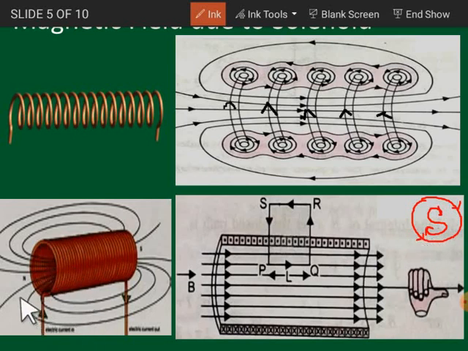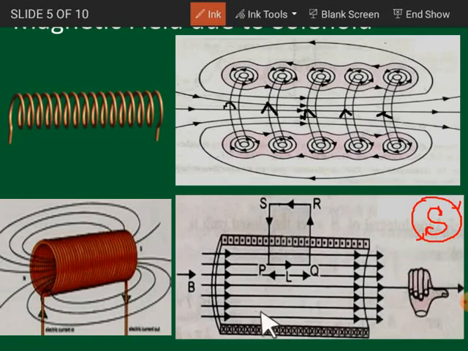and the magnetic field will be going inward. So the magnetic line of force will be going inward, and if it is just opposite, if the magnetic line of force is coming outward, then watching from this side, the direction of the current will be anti-clockwise. In that way.